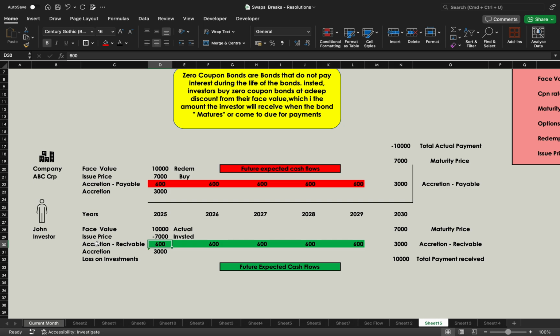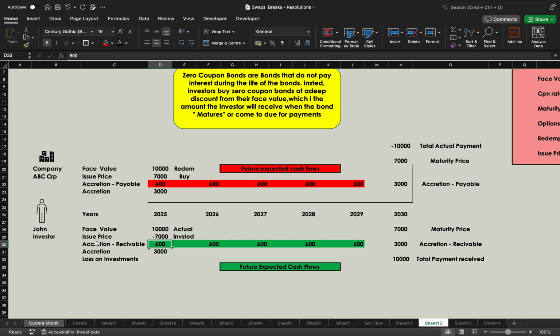Now see how the investor books that accretion every year. For valuation or accounting purposes, the investor will calculate accretion and spread it across 5 years, 10 years, 20 years, depending on the investment horizon of that particular instrument.